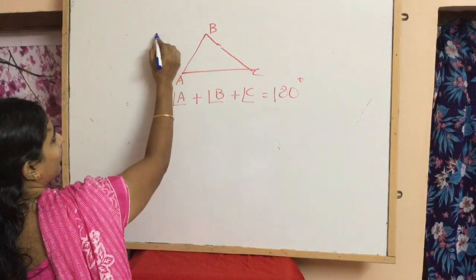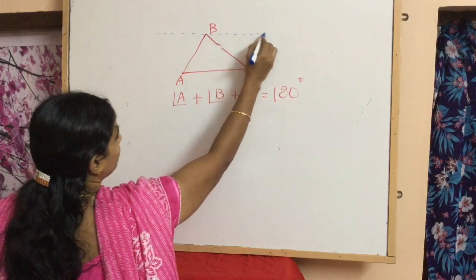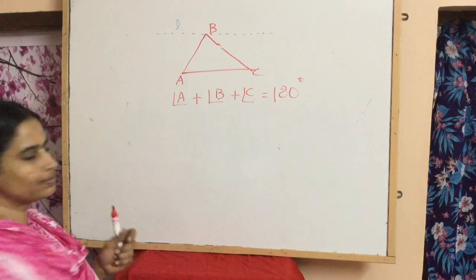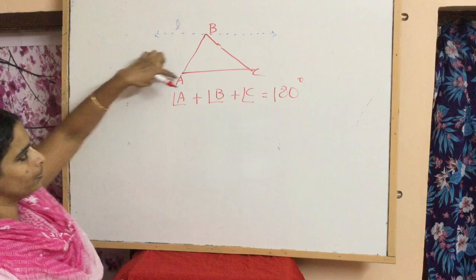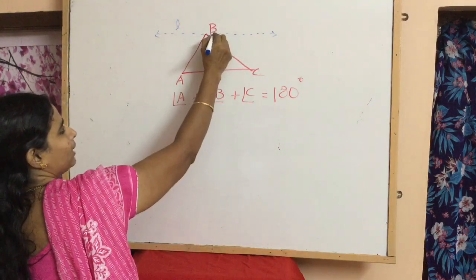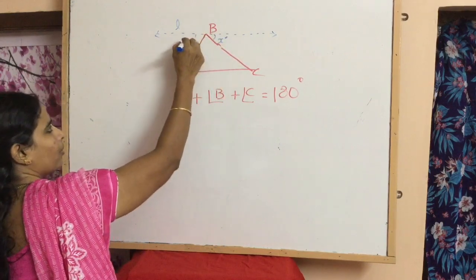Now draw a line parallel to AC passing through B. Mark this line as L. So this line L is parallel to AC, right? Now let's mark this angle as X degrees and this as Y degrees.